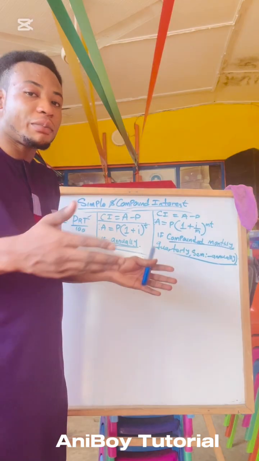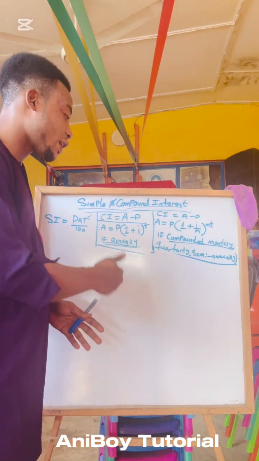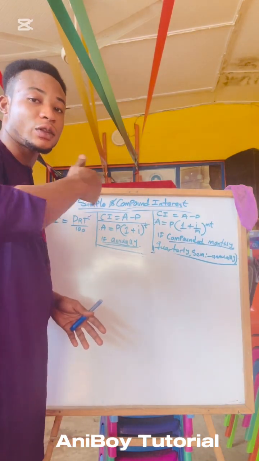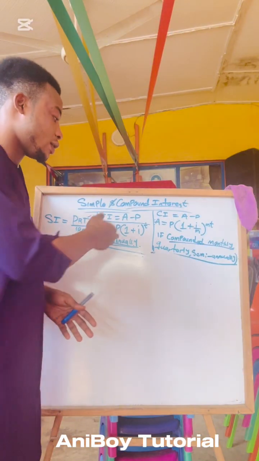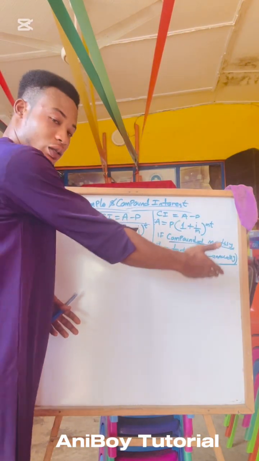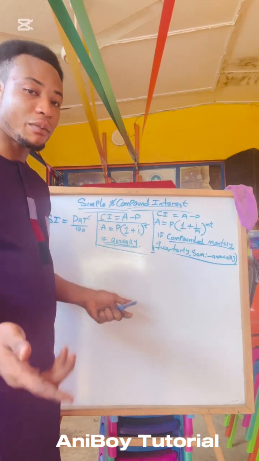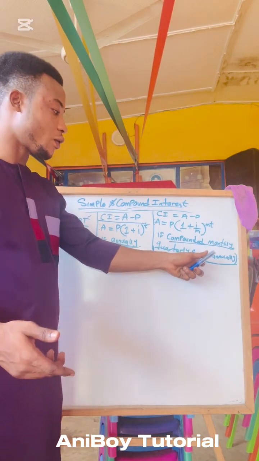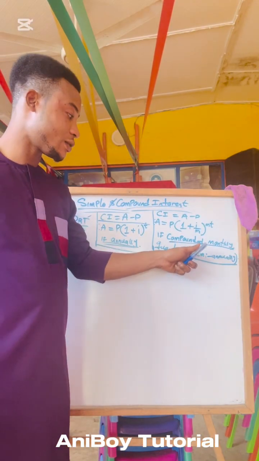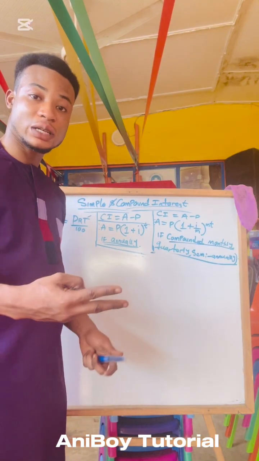They didn't tell us if compounded monthly or quarterly. So that means they are telling us to find for the 2 years, that is annually. So they are not telling us to find per month. They are not solving the compound interest per month or quarterly, which is 4 times in a year, and semi-annual, which is 2 times in a year.